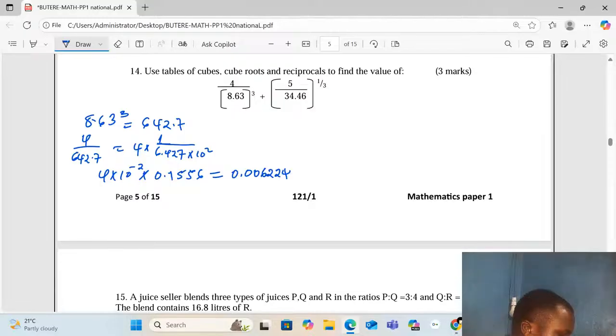Now we look for the third. We are going to get everything a third.